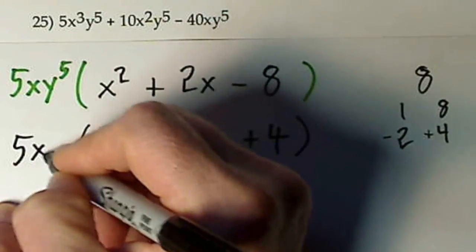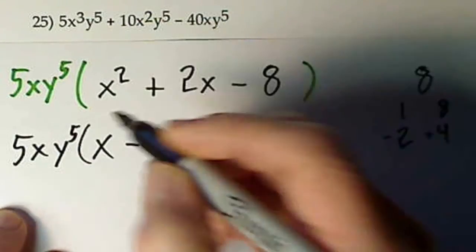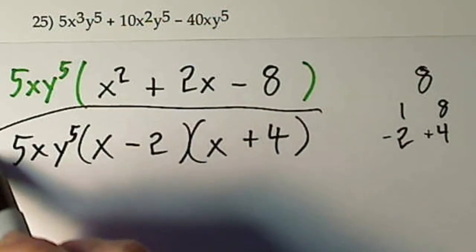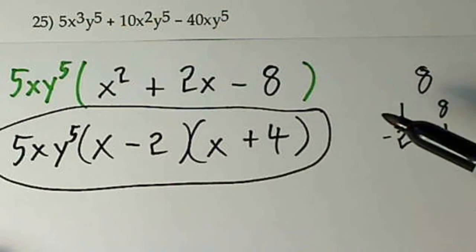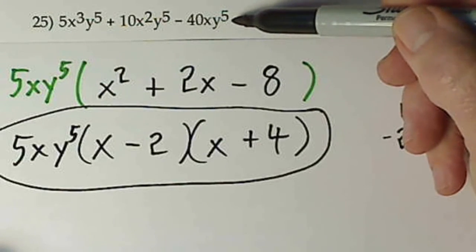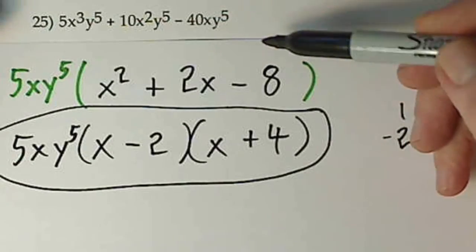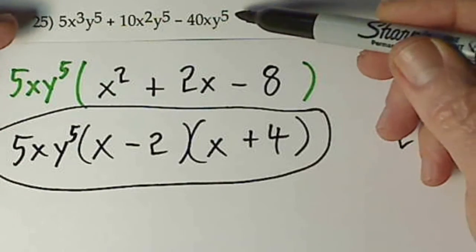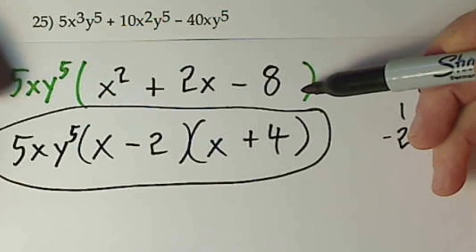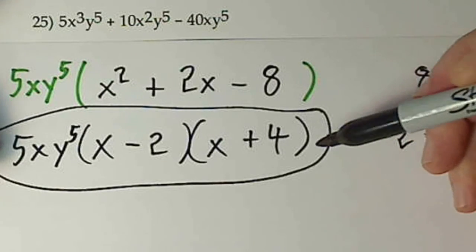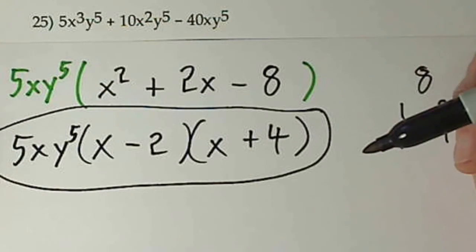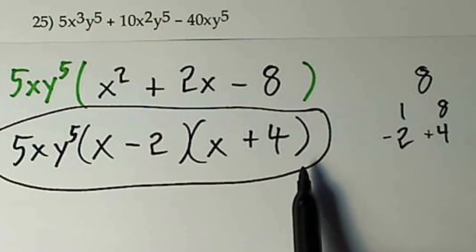So here's the factored form of our original polynomial or trinomial, however you want to refer to it. I have not changed the value in any step. This is the same amount of stuff as this. It's the same amount of stuff as this. Okay? But we want it in factored form.